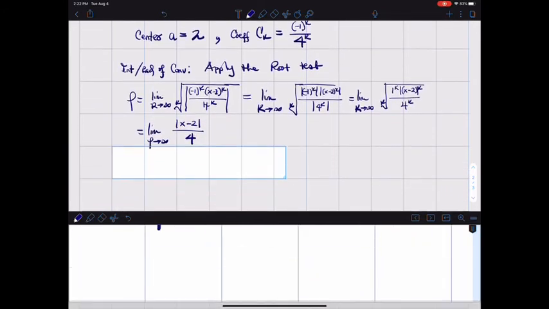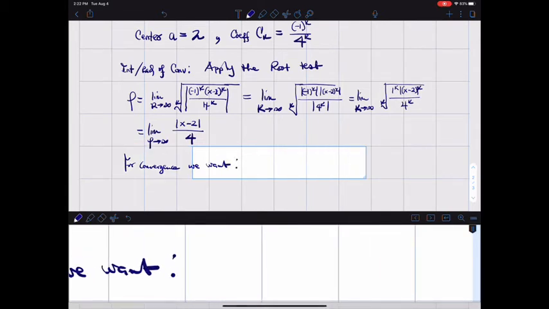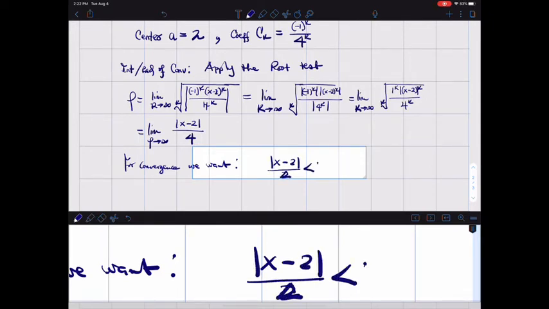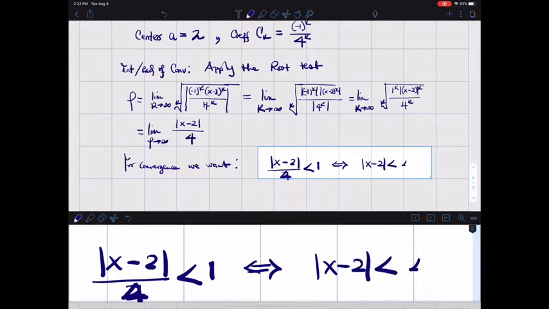All right, so I'm going to write that. For convergence, we want this to be less than 1, which implies that we want absolute value of x minus 2 to be less than 4.